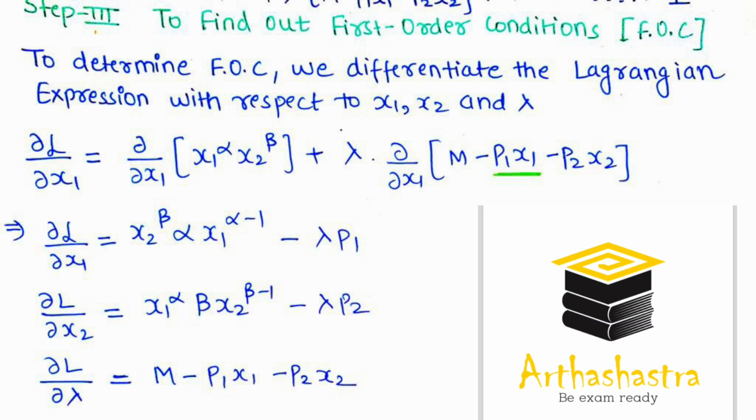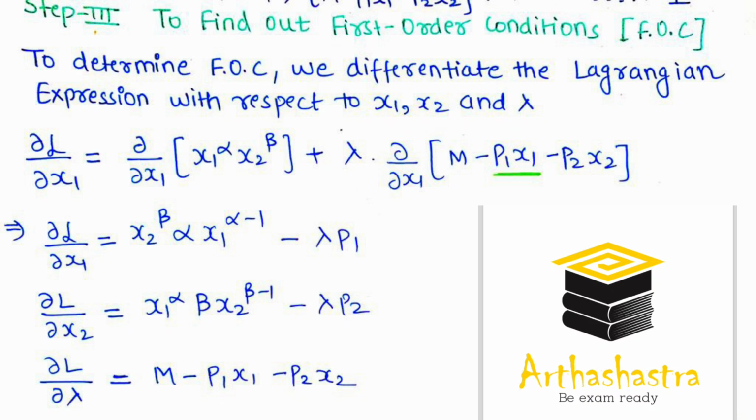So we will start by finding the first order conditions, and as you know, in the first order conditions we differentiate the given function with respect to the various variables in the function. In our case we have three variables, x1, x2 and lambda. We will differentiate L to get the first order conditions.